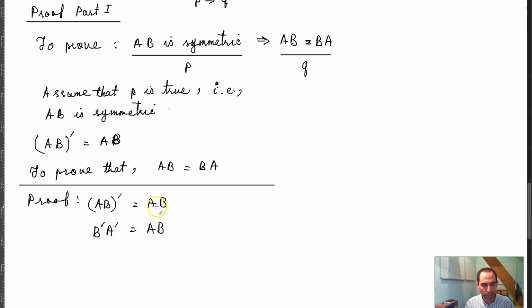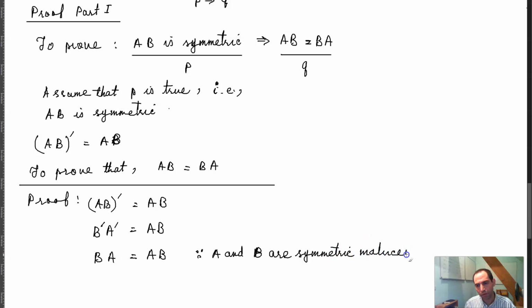Symmetric means that the transpose of A is equal to A, the transpose of B is equal to B. So I can write this as B times A is equal to A times B, and that is because A and B are symmetric matrices. And that is basically the first part of the proof.